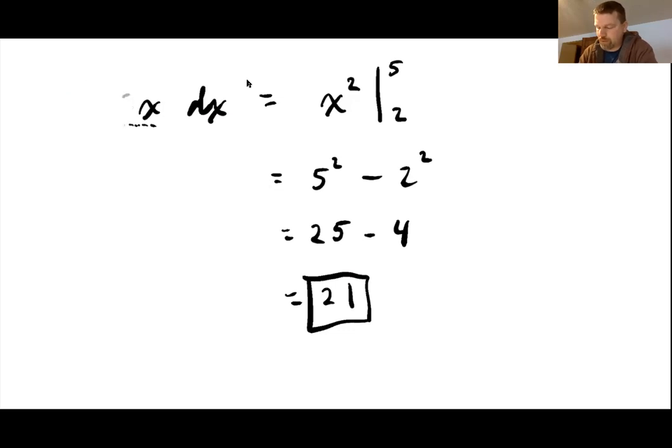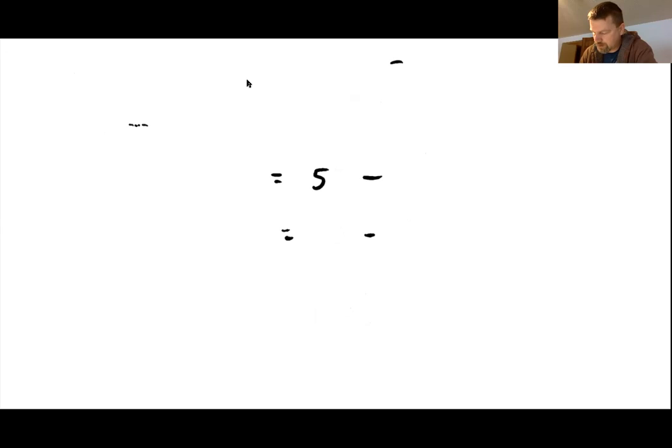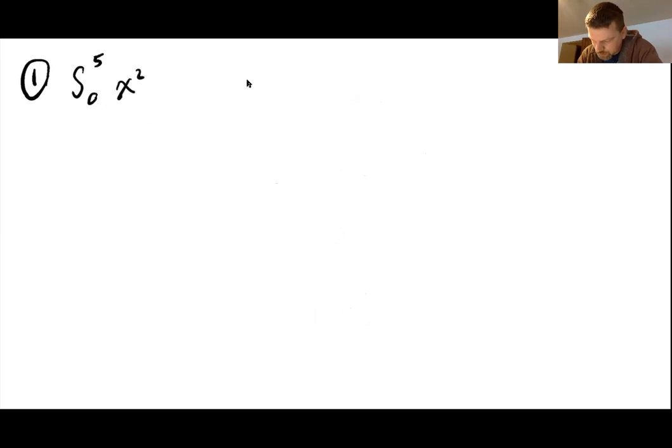But I want to check Friday's stuff, because there is a difference between these two questions. Let's say question number 1 is the integral from 0 to 5 of x squared minus 4 dx.